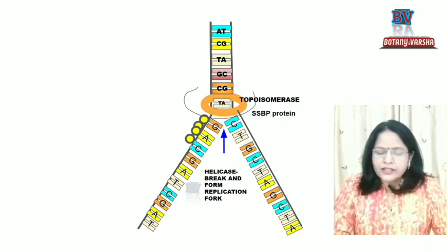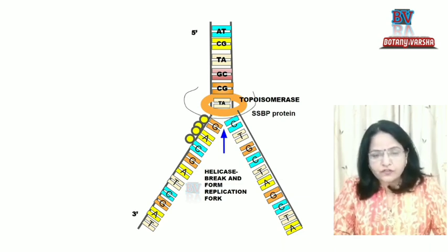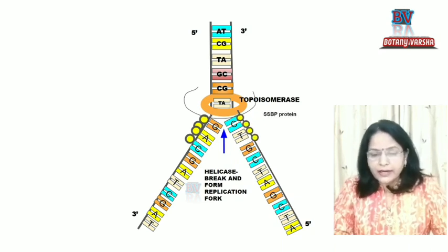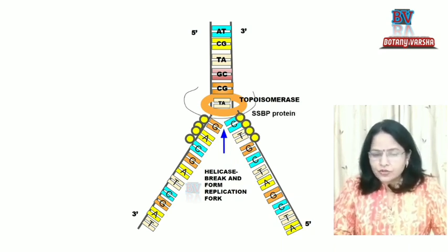DNA strands are antiparallel, which is always found in 5 prime to 3 prime and 3 prime to 5 prime direction. So these SSBP proteins stabilize both the DNA strands so they cannot attach again with each other.